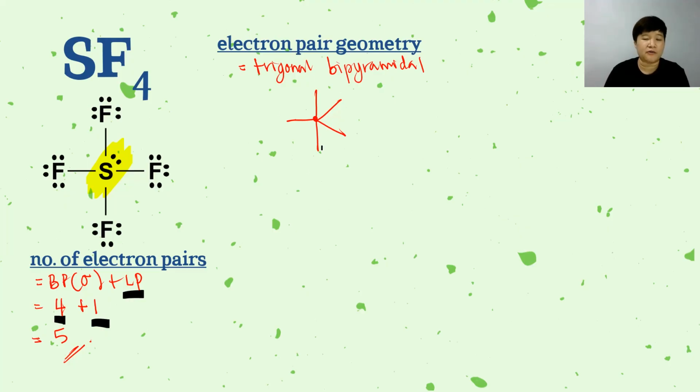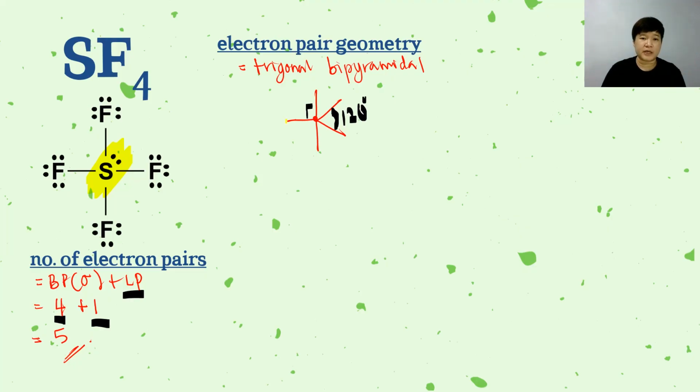So which bond are we going to remove? According to VSEPR theory, we are going to minimize the repulsion. We have 2 bond angles, a 90 degree and a 120 degree. Which one will give you minimum repulsion? Of course, the 120 degree, because they are far away from each other.